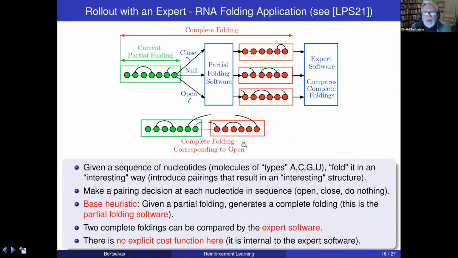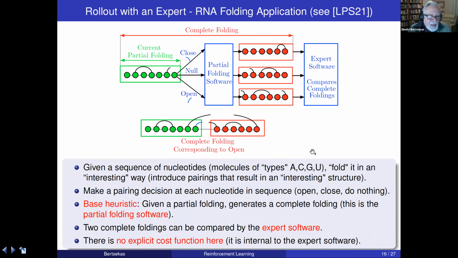So if you give me partial folding software and expert software, I can build you a rollout and reasonably hope to get something that's better. Now, what is better is not very clear, but biologists can look at a complete folding and decide on whether it's interesting or not so interesting, and then they may try to find uses for their predictions.